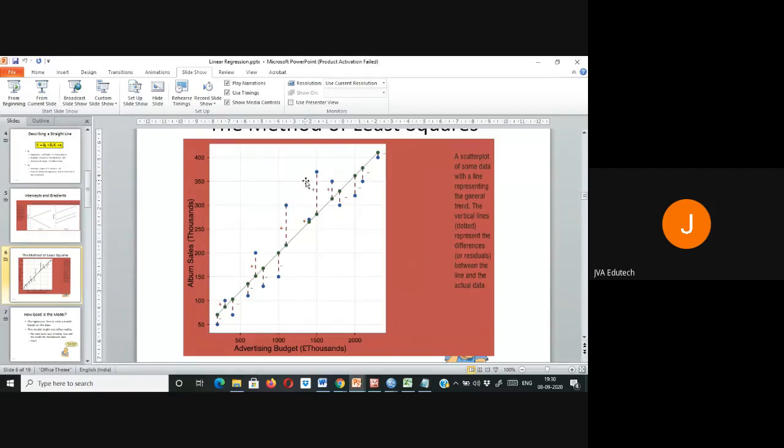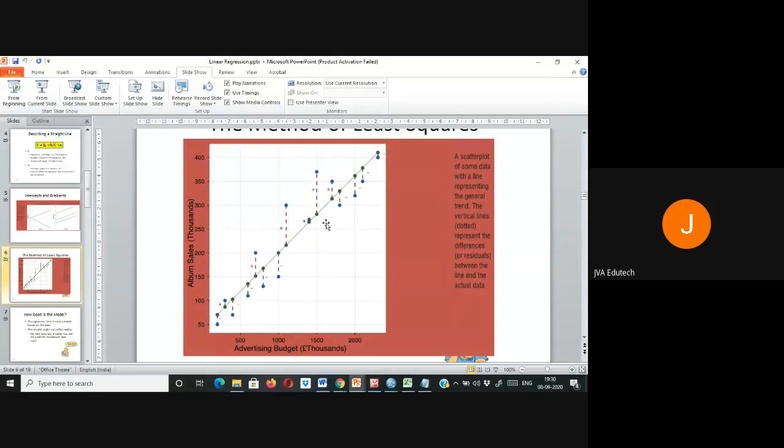If you see this scatter plot and this line, it clearly shows that the more the advertising budget, the higher the chances of sales of the album.